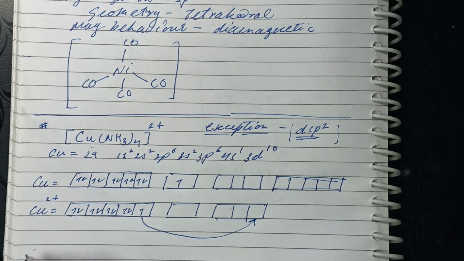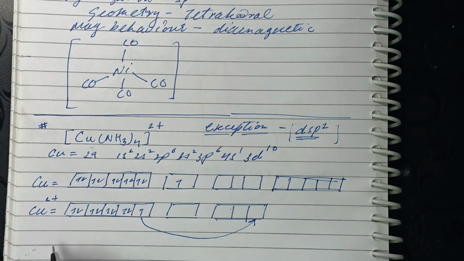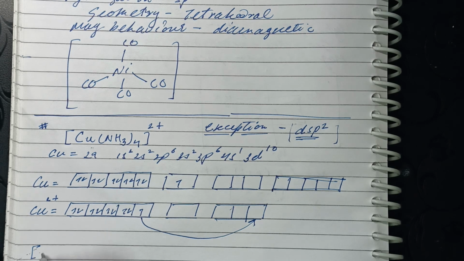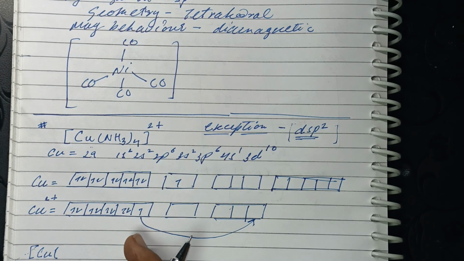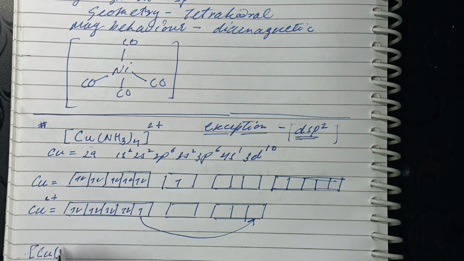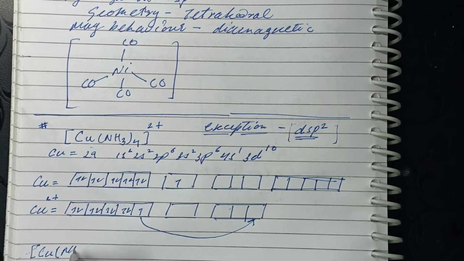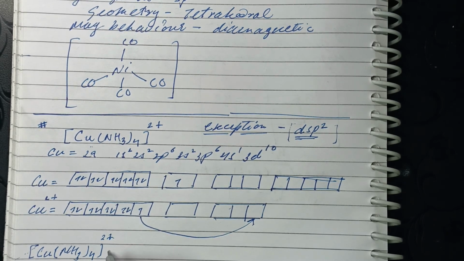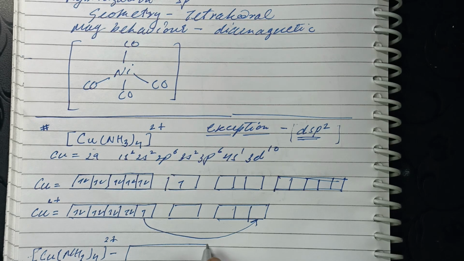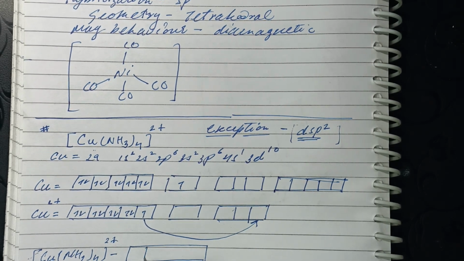The reason is that it has square planar geometry. So in order to make it dsp2, we need to jump this electron into the vacant p orbital, and when it combines with 4 ammine, the hybridization comes out to be dsp2.